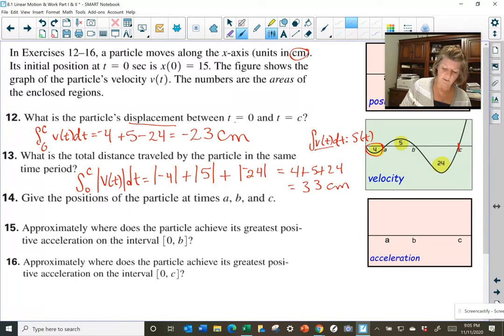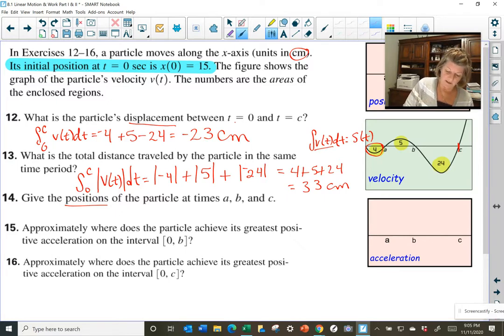Give the positions of the particle at times A, B, and C. The position of the particle is going to depend on where it actually started. Did our particle start at the origin, at position 0? Well, to do that, I need to go back and reread for more information. Its initial position at time 0 was 15. No, it didn't start at the origin, did it? It started 15 units to the right.